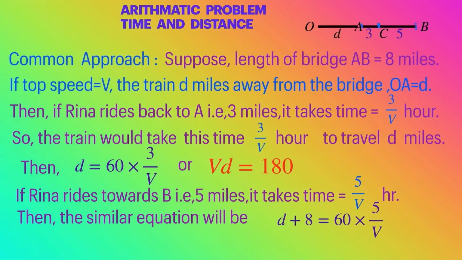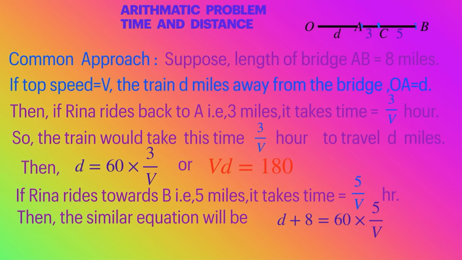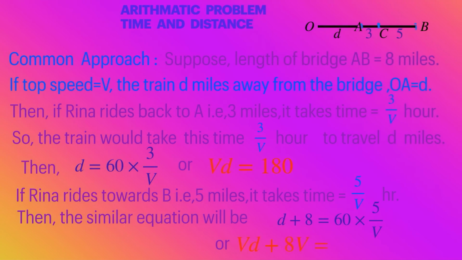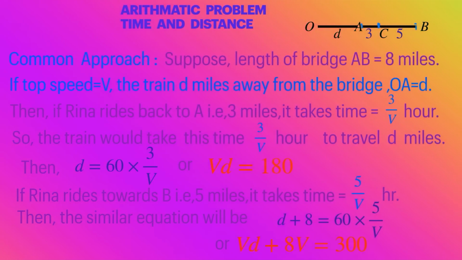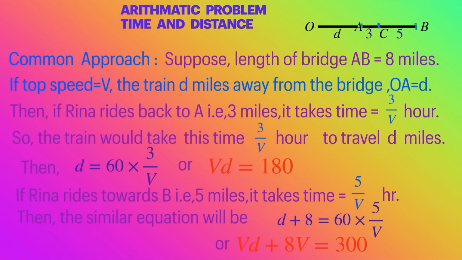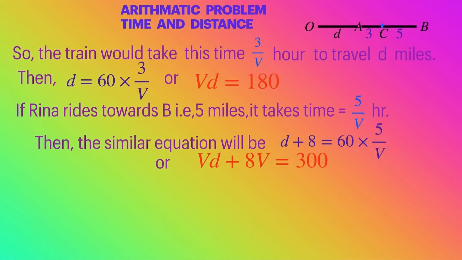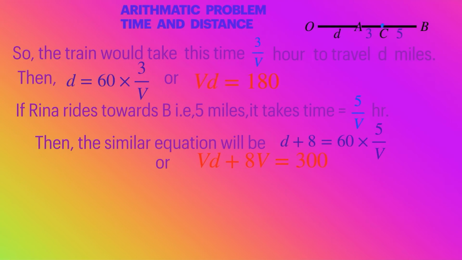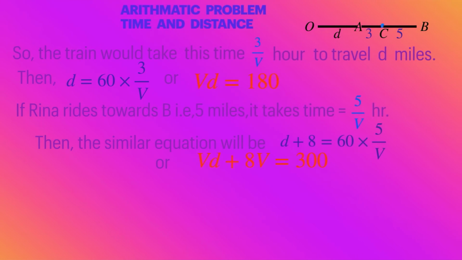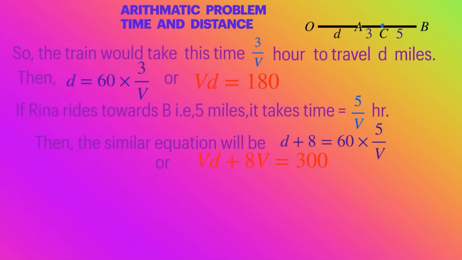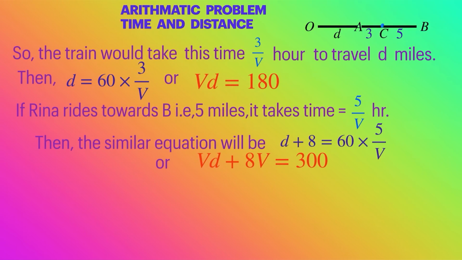Simplifying, vd plus 8v equal to 300, and initially we had the equation vd equal to 180.